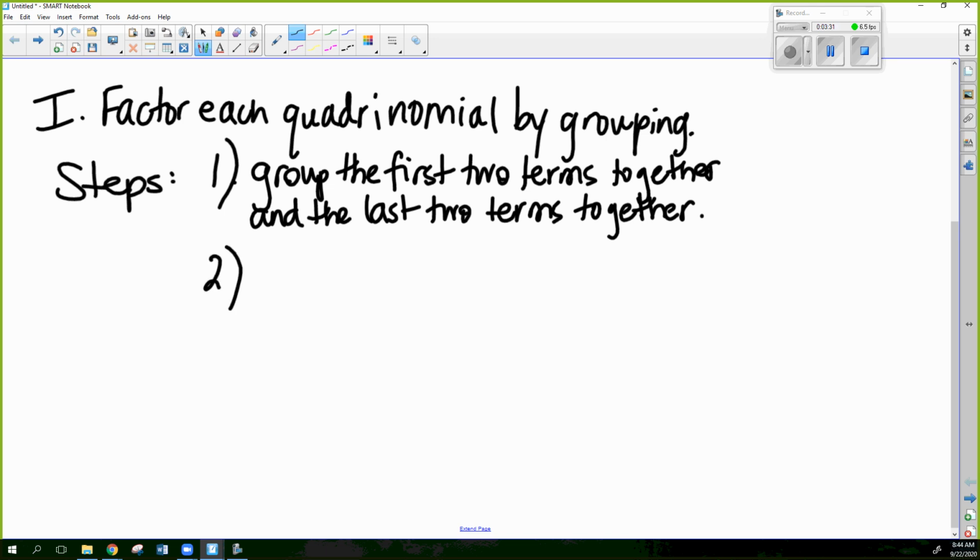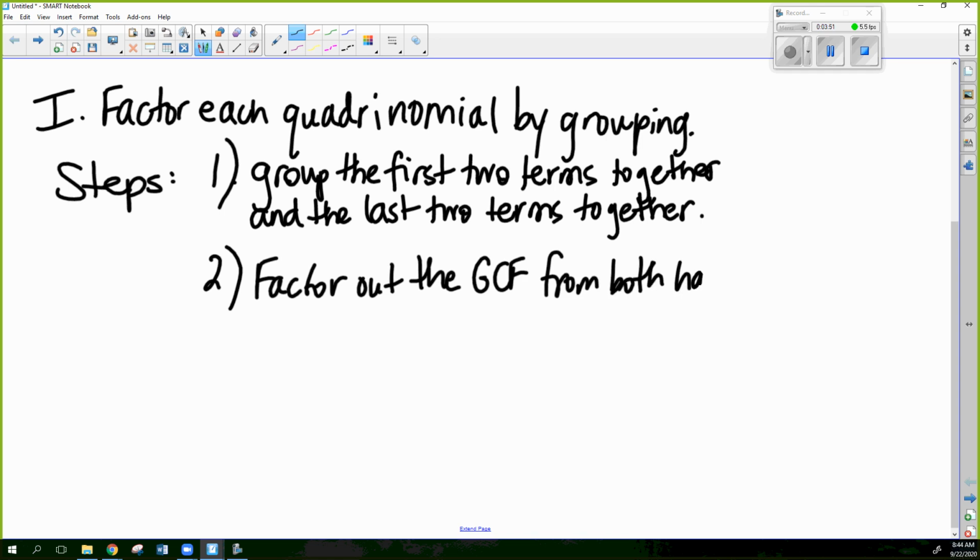All right, once you have split the problem in half, you have grouped the first two and the last two separately. Okay, you are going to factor out the GCF from both halves.